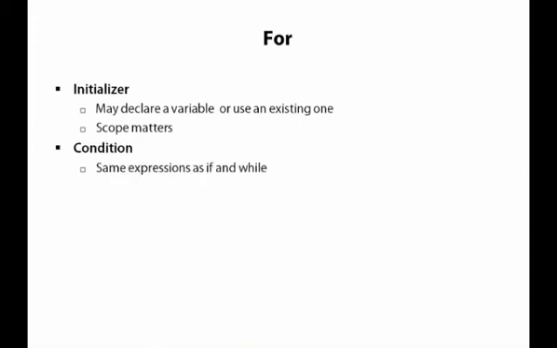Next, we have a condition using exactly the same kinds of expressions you can use for if and while. That means Boolean expressions, but also things that evaluate to something other than a Boolean. And then we have the loop expression, the thing that moves you on to the next item in the loop. So in our while loop, we have to remember by hand at the bottom of the loop to put I equals I plus 1.